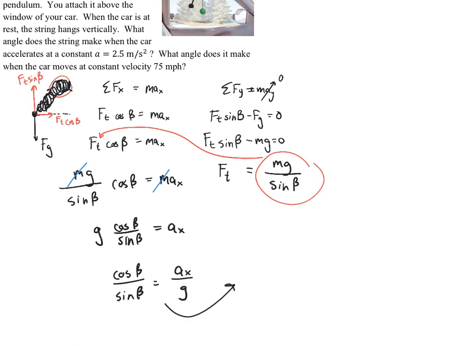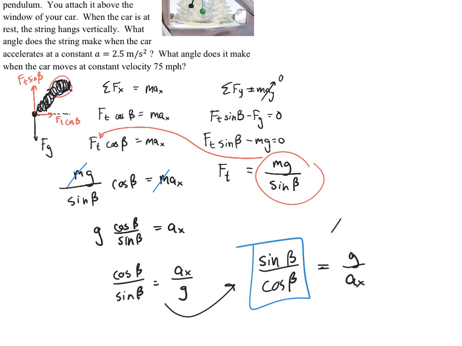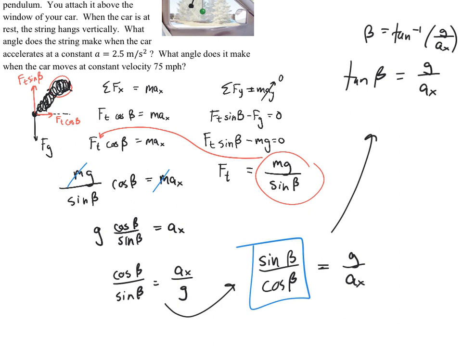If we invert both sides, we get sine beta over cosine beta equals g over ax. And this is more familiar probably. This is the tangent function. So this equation becomes tangent of beta equals g over ax, so beta equals the tangent inverse of g over ax. That'll give us the angle beta that we're finding here.